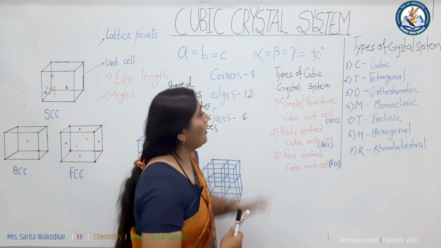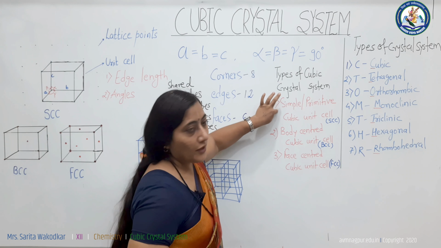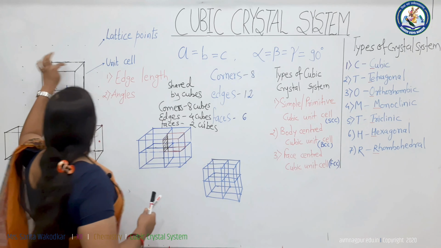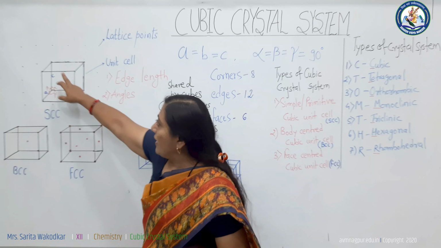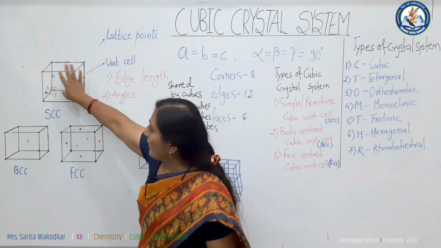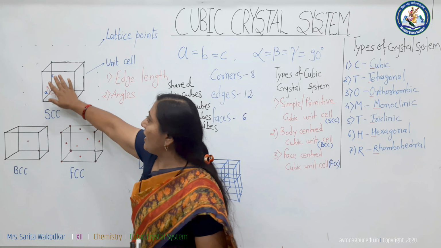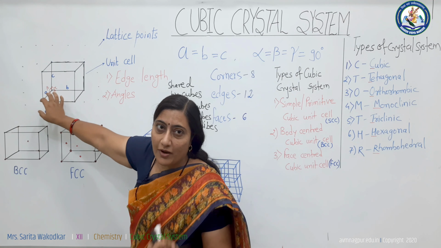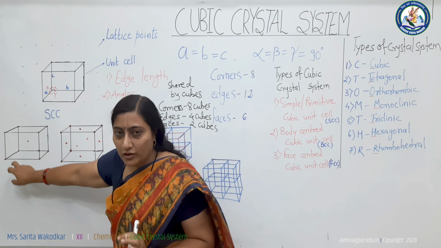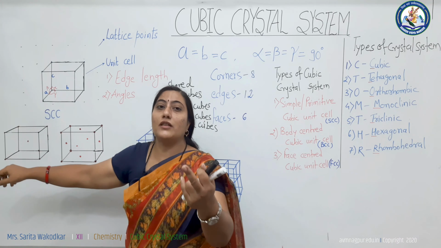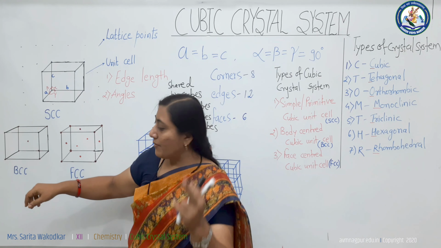Simple cubic unit cell means at the 8 corners constituent particles are present. BCC has constituent particles at the 8 corners along with one particle at the center.